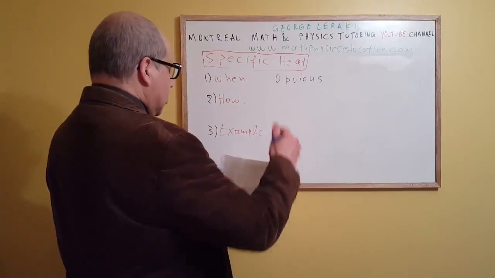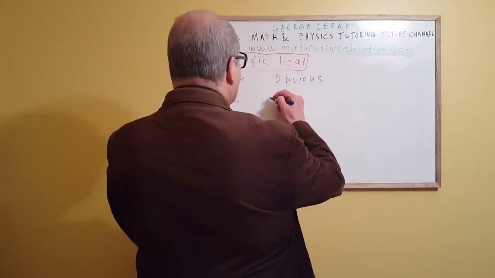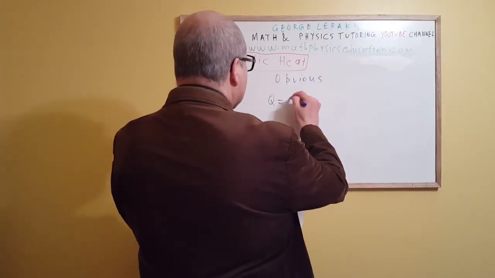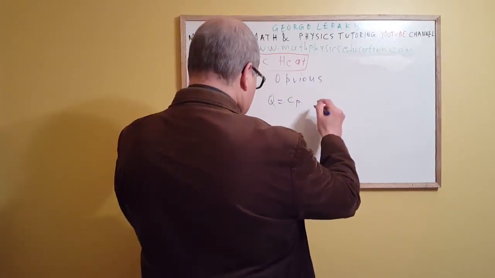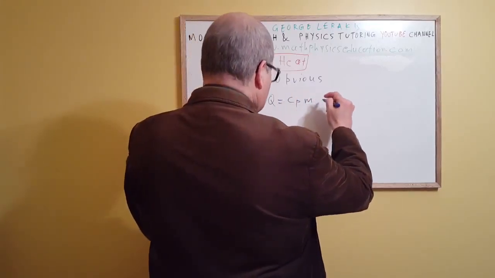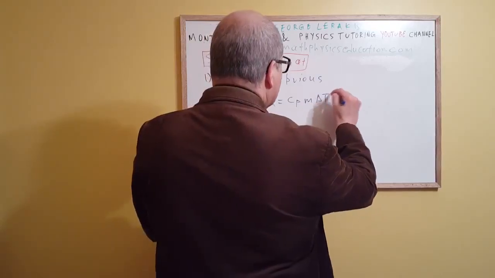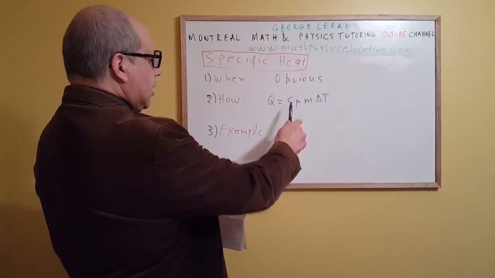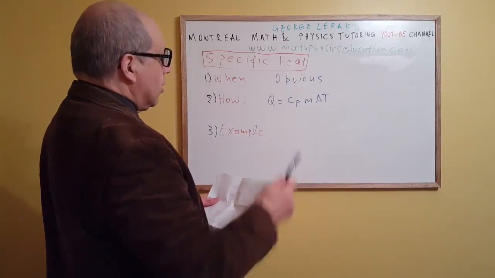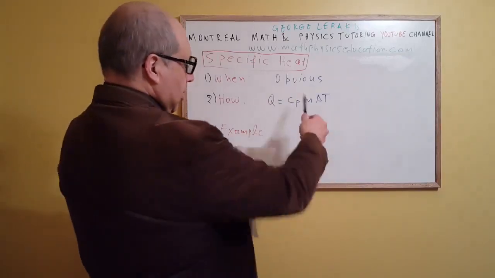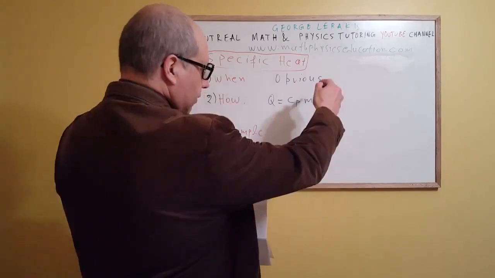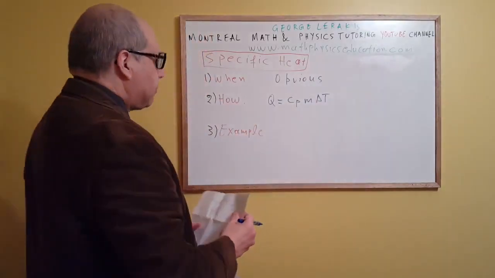In this case, you use the formula Q = Cp × M × ΔT, where Cp is the specific heat of the material, M is the mass, and ΔT is the difference in temperature, the final minus the initial.